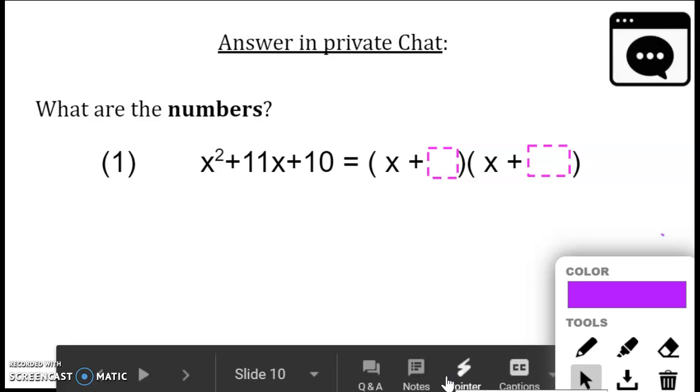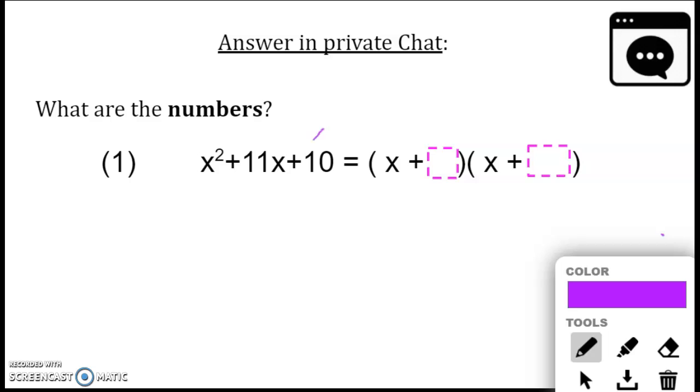Factoring a quadratic trinomial, a quadratic expression, is like solving puzzles. Okay, so we're looking for two numbers that multiply to this last number, but add to this positive 11. So we're looking for factors of 10 that add to 11.